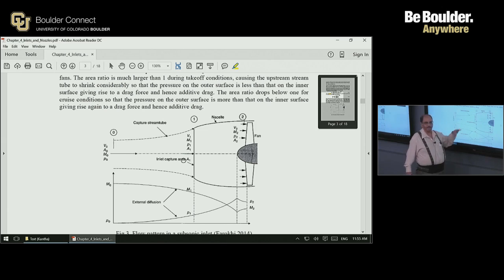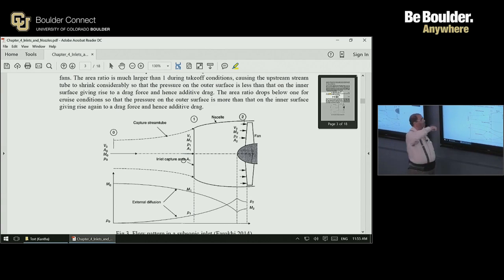But for subsonic inlets, there is upstream influence, and unless this Mach number is equal to this Mach number, the stream tube will not be straight, and therefore the pressure acting on the stream tube, the component of that in the axial direction, produces a drag.